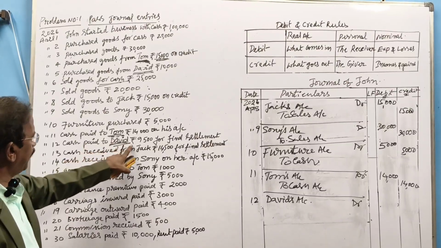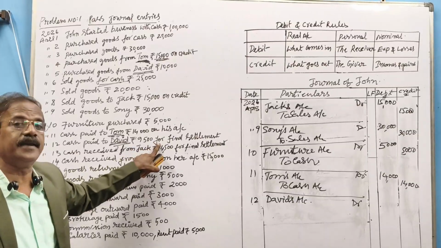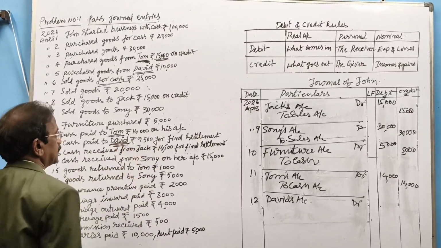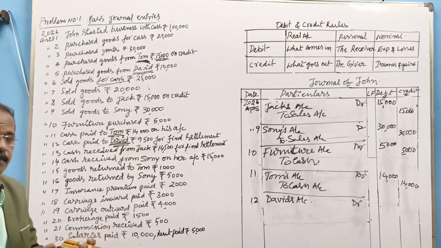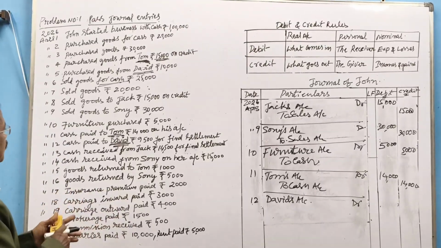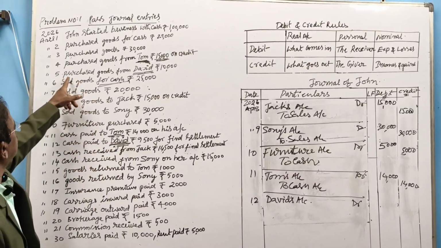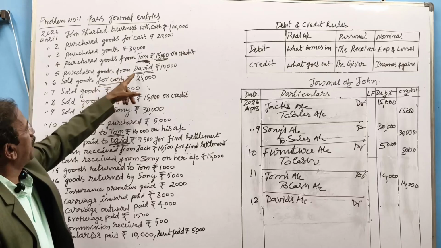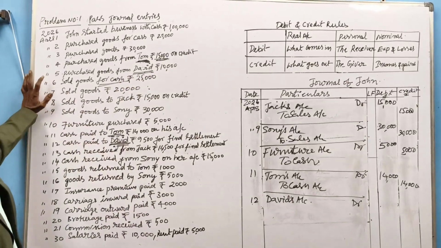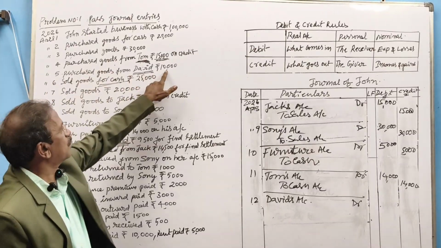See here, cash paid to David 9,500 for final settlement. For final settlement means hereafter there won't be any due to David. Why are we paying? You have to see this. Purchased goods from David 10,000. Previously, on the 5th, we purchased goods from David for 10,000.